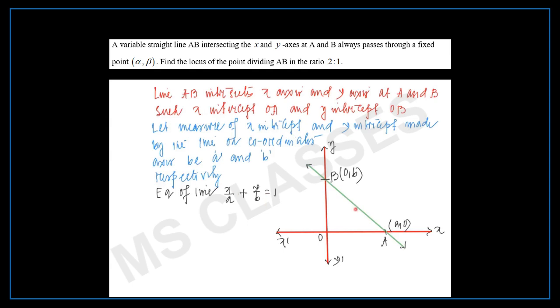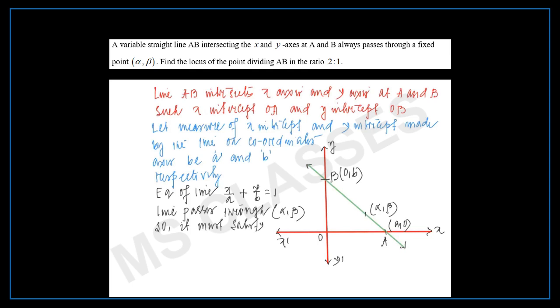This line is passing through the fixed point, which is alpha comma beta. So the line passes through alpha comma beta, so it must satisfy the equation.